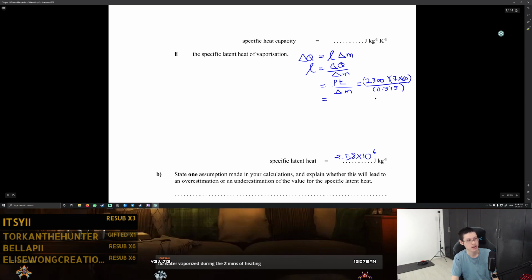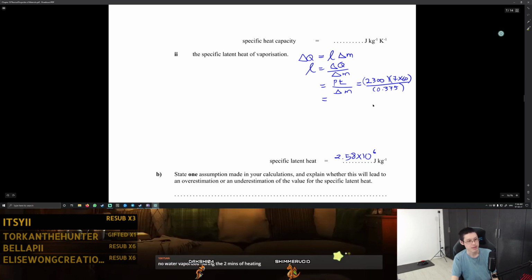Let me think. I don't think it would, because the difference would still be the same, right? Because we are only interested in the difference, not where it originally started. So since we're only calculating the difference, I don't think it makes much of a difference whether the water vaporized during the first 2 minutes or not.